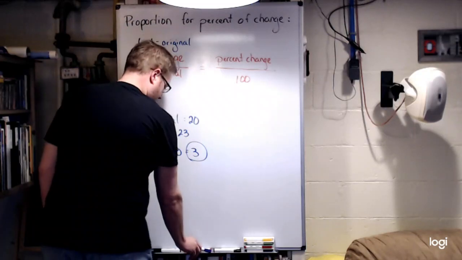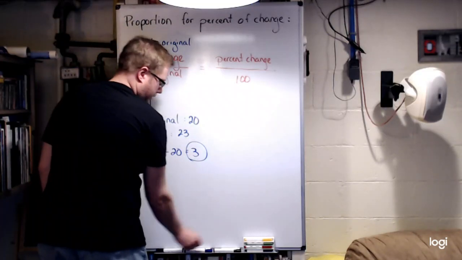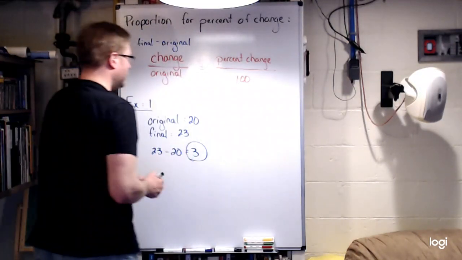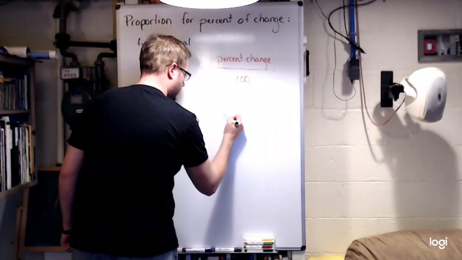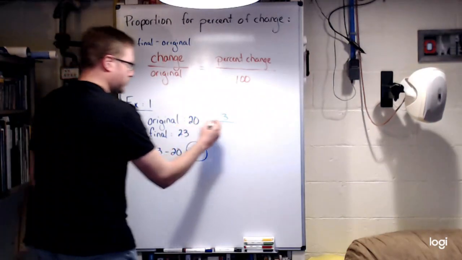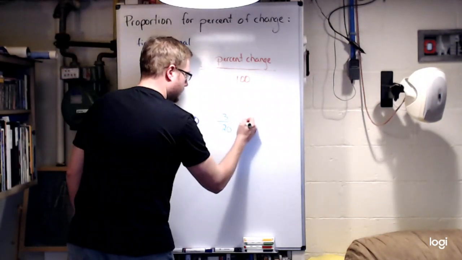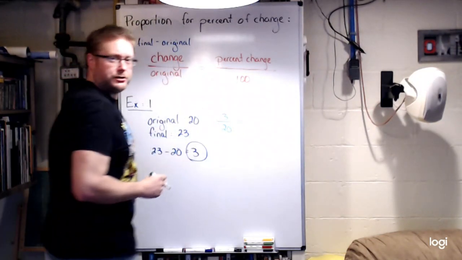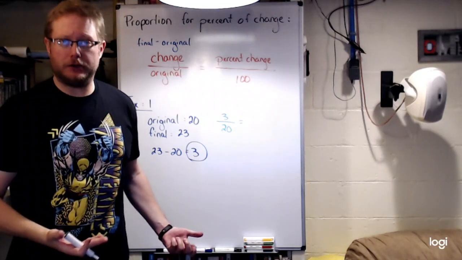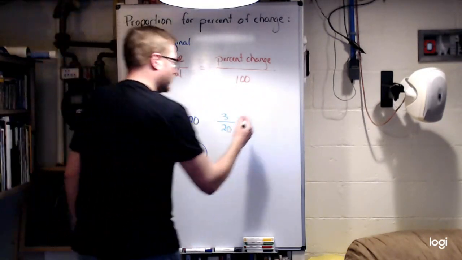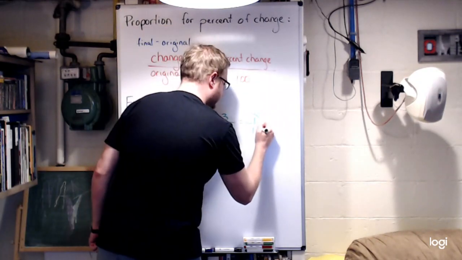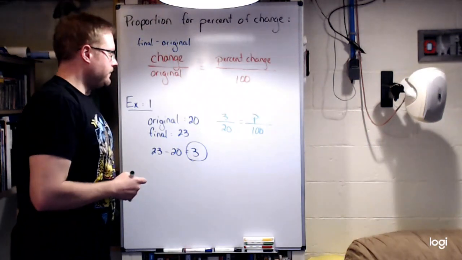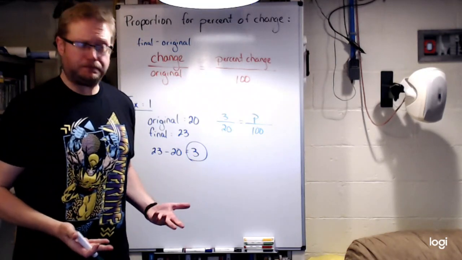So now that we have our change, we can plug it into our proportion. So change over original will be 3 over the original's 20 equals percent change. We don't know what the percent change is. That's what we're trying to figure out. So we'll just say P for percent change over 100. So we have ourselves a proportion.